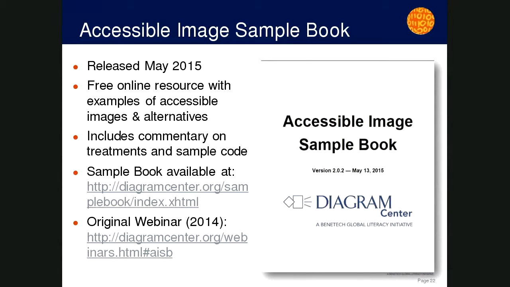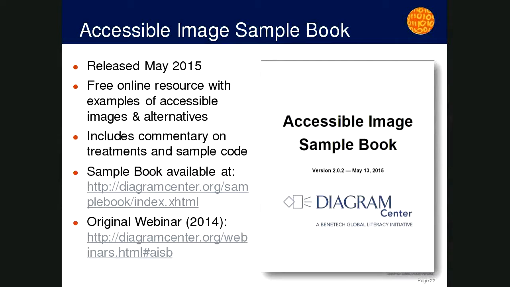The sample book is open source. It's available for everyone. It is on the more technical side, so it's really for people looking into more technical specifications. It is available at the Diagram Center as a document. You can also download the EPUB 3 book and all the different resources attached to it.